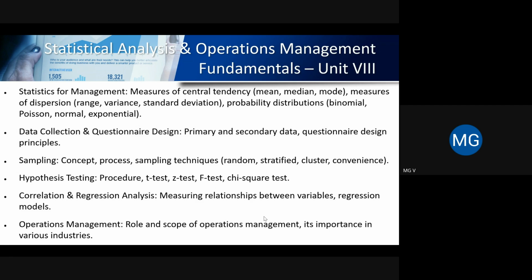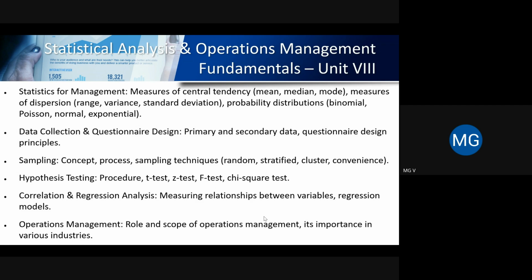Data collection can be primary, that is collected directly, or secondary, that is existing data. Questionnaire design involves creating effective surveys to collect data. Sampling is the process of selecting a subset of a population for study. Different sampling techniques exist, each with its strengths and weaknesses.